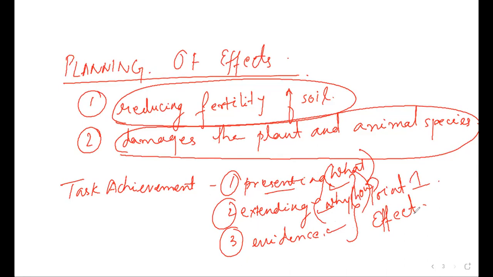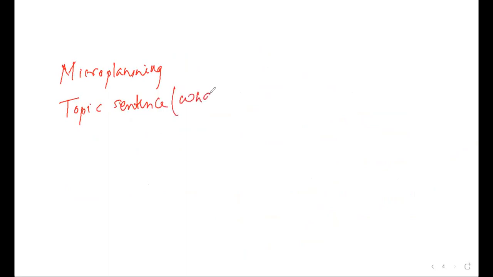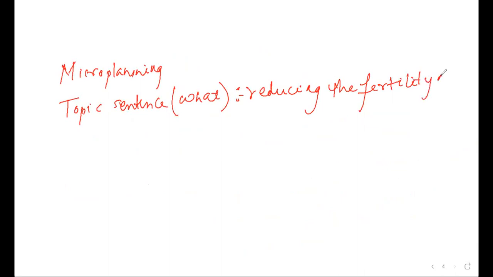So let us do the micro planning of the first point. So what is our first effect? Our first effect is reducing the fertility, right? Correct. So reducing the fertility of soil.